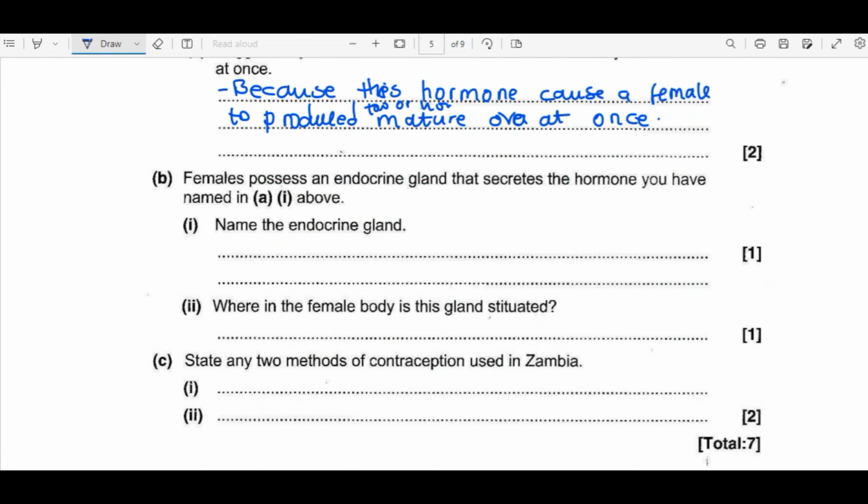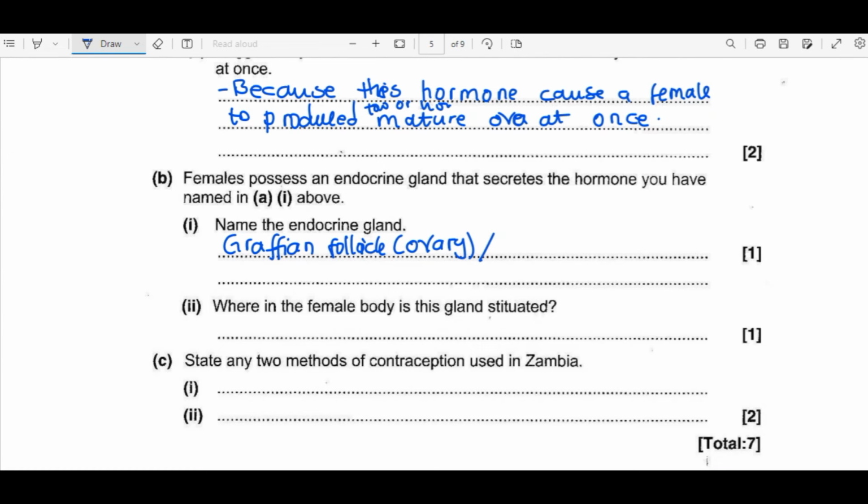Then B: females possess an endocrine gland that secretes the hormone you have named in A1 above. Name the endocrine gland. So follicle stimulating hormone can be produced by the Graafian follicle. Then the organ is just the ovary.